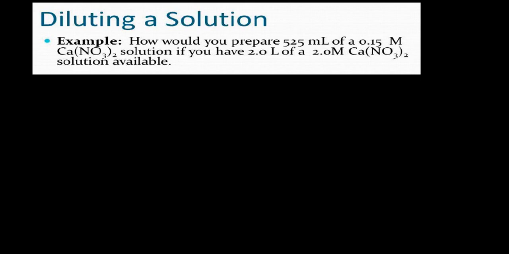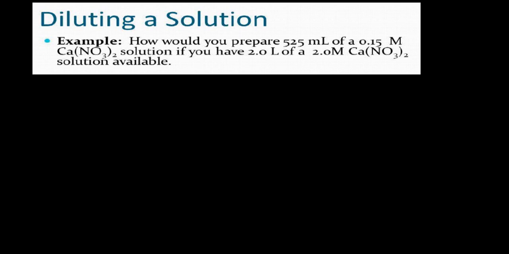Okay, so the question is, how would you prepare 525 milliliters of 0.15 molar calcium nitrate solution if you have 2 liters of a 2.0 molar calcium nitrate solution available?